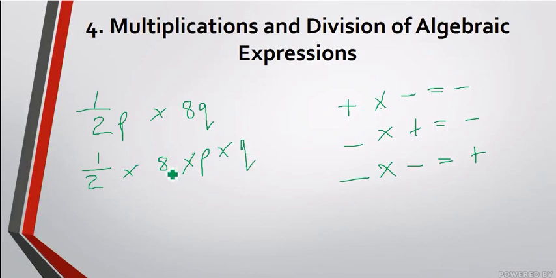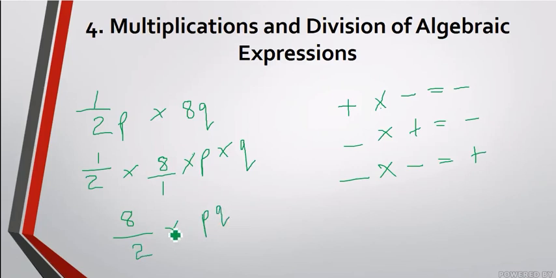What is this going to give me? What is a half multiplied by 8? 8 is a whole number. 1 is understood as its denominator. So 1 times 8 is going to give me 8, and 2 times 1 is going to give me 2. So I have 8 over 2 multiplied by p by q, which gives me pq.